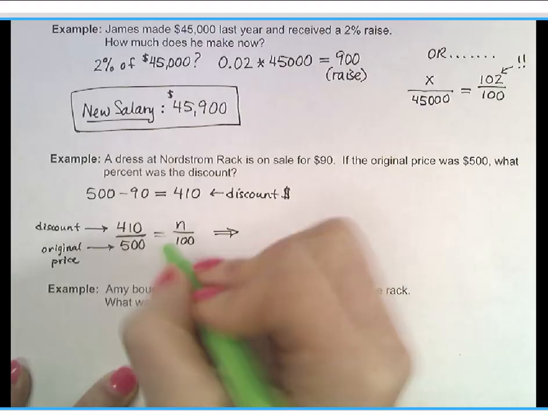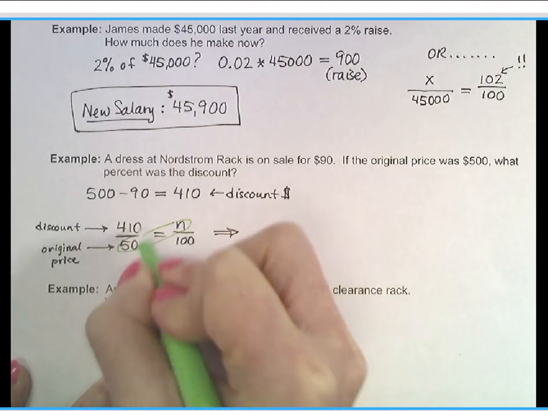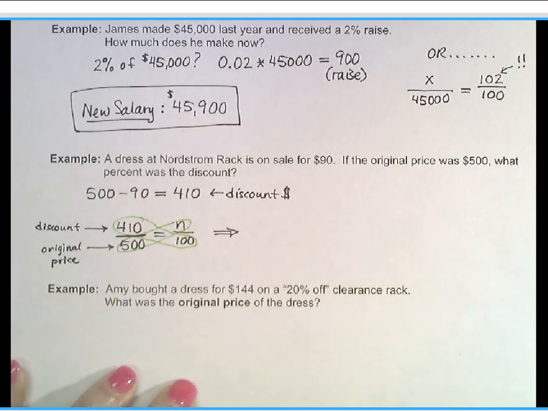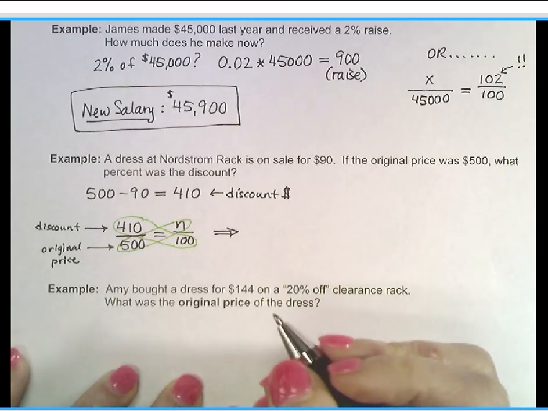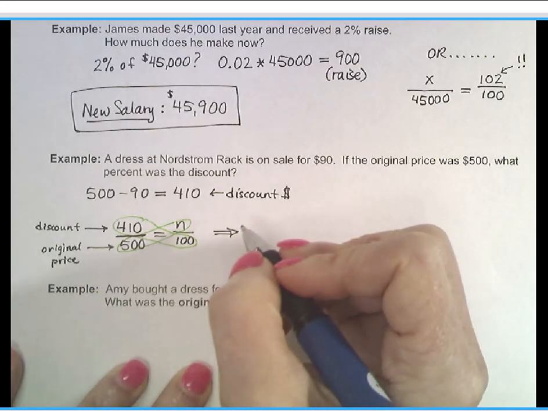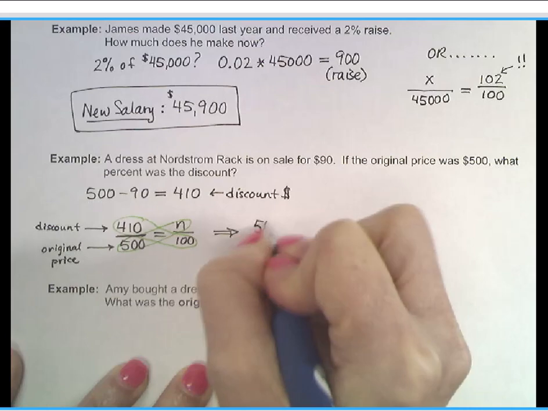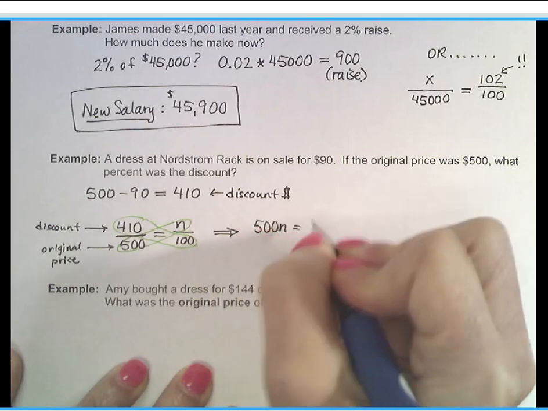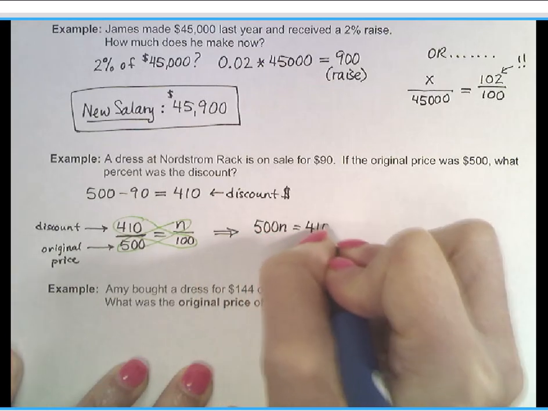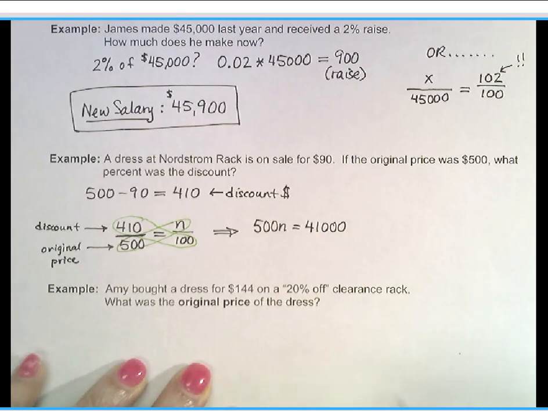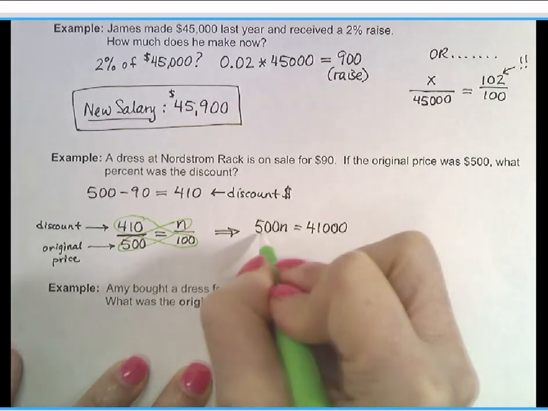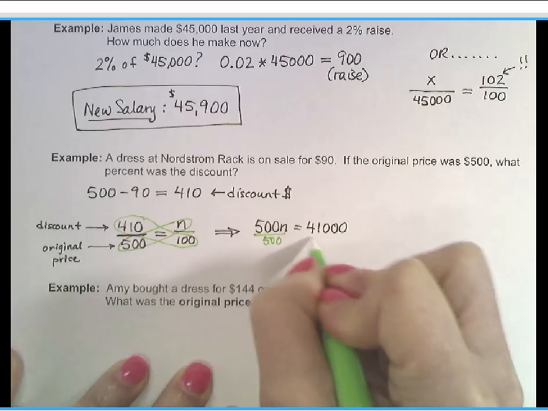So you cross multiply, right? We're going to get some big numbers on this one. We're going to get 500N equals, big number, 41,000, and then you're going to divide by 500.